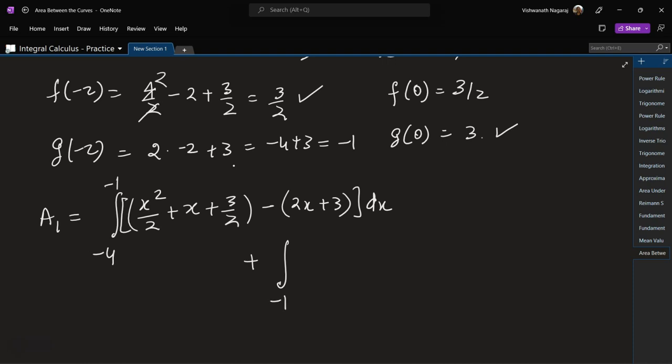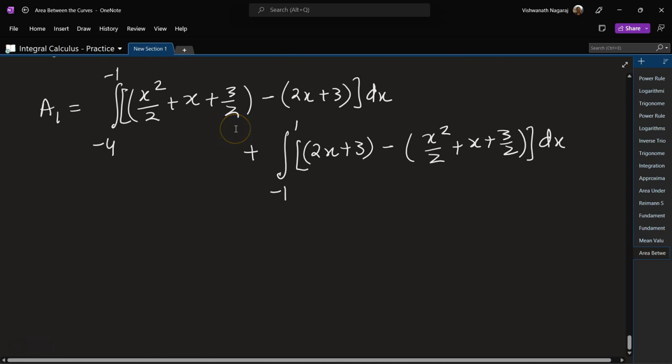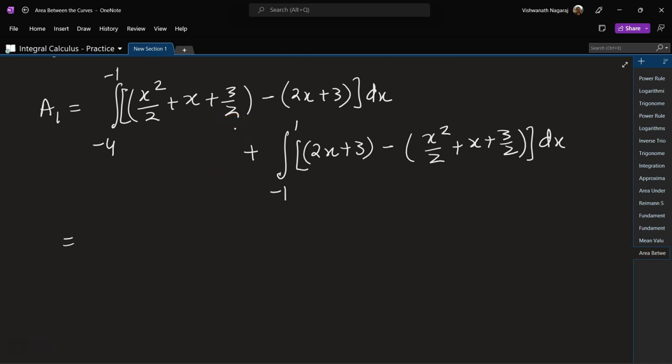So that is going to be minus 1 to 1. And here g is higher. So 2x plus 3 minus x square by 2 plus x plus 3 by 2. See, once you are able to write this, then it's just doing the integration and the algebra part of it.